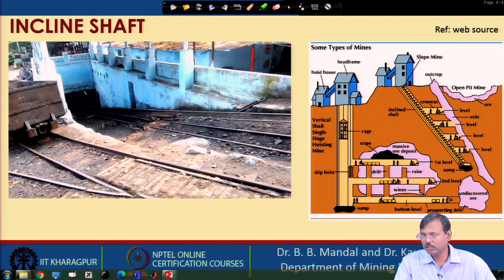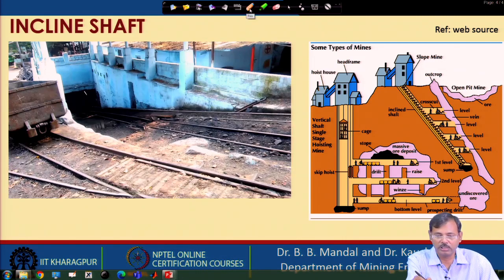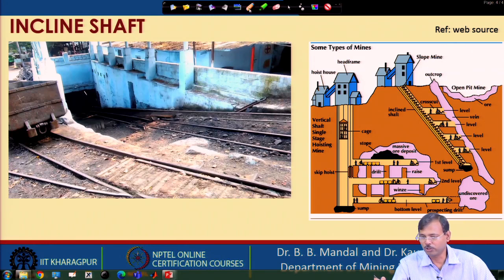If you see this beautiful photograph of the incline, this is the vertical shaft, where you can see the cage being lifted with a winding system. Here also we are providing the winding system in a similar way.